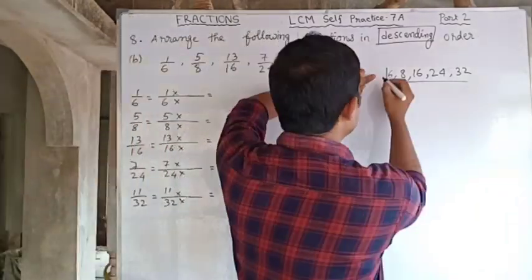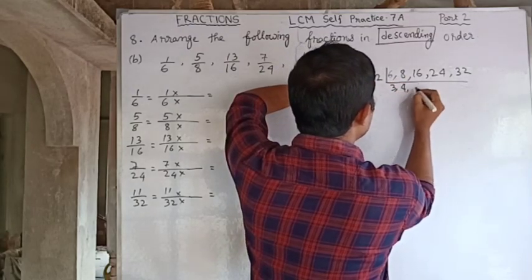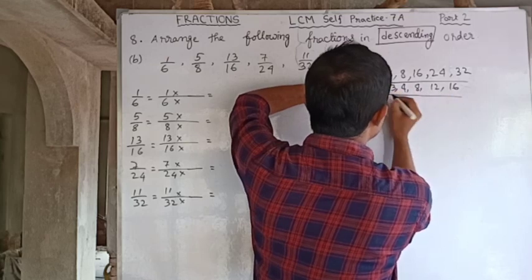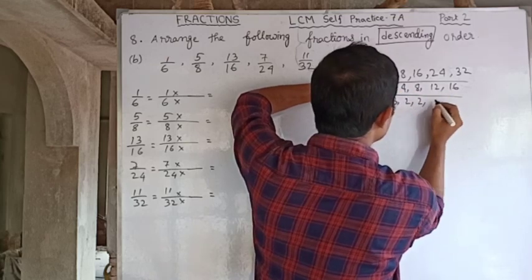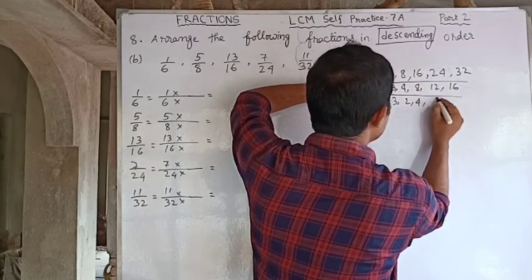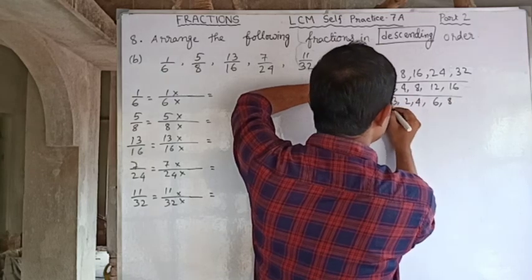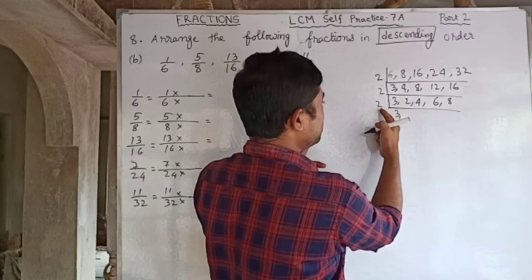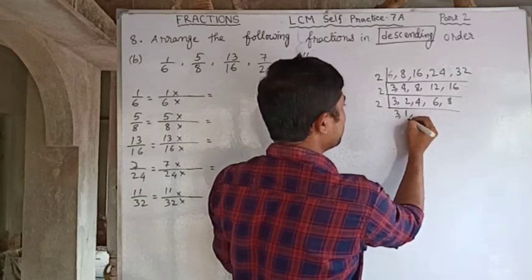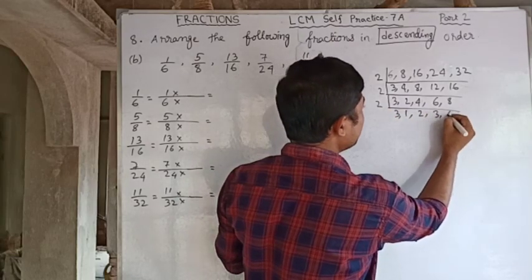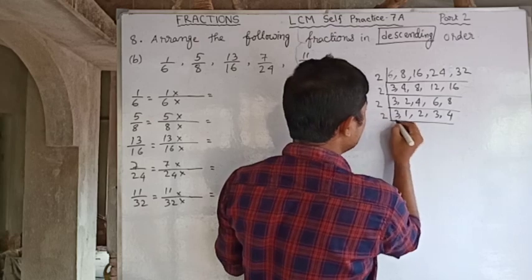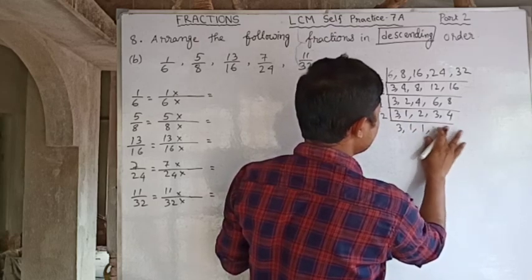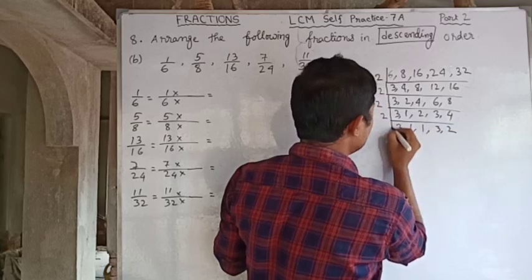So first by 2: 3, 4, 8, 12, 16. Next by 2: 3, 2, 4, 6, 8. By 2 again, you cannot divide 3 by 2, that's why this 3 will stay here. Next 1, 2, 3, 4, next again by 2: 3, 1, 1, 3, and here 2.